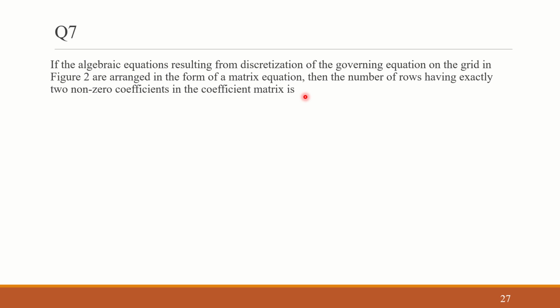We'll look at the options. Option A is 0, option B is 2, option C is 3, option D is 4.